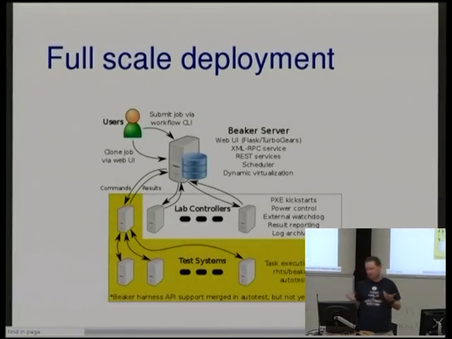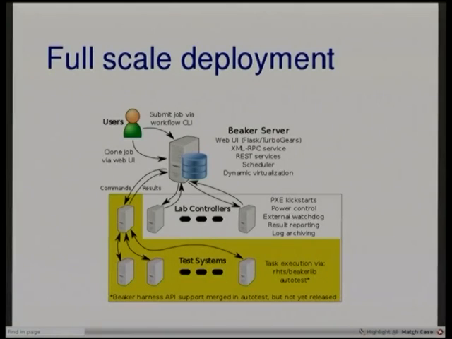So what an actual Beaker instance looks like, if you do a full-scale global deployment, is kind of complicated, but it looks a lot like a lot of distributed systems. You have a central interface server that end users actually integrate with, that backs the command line interface and provides the web service and the main web UI.